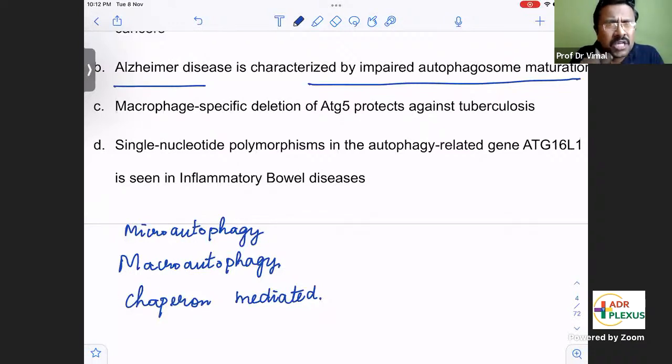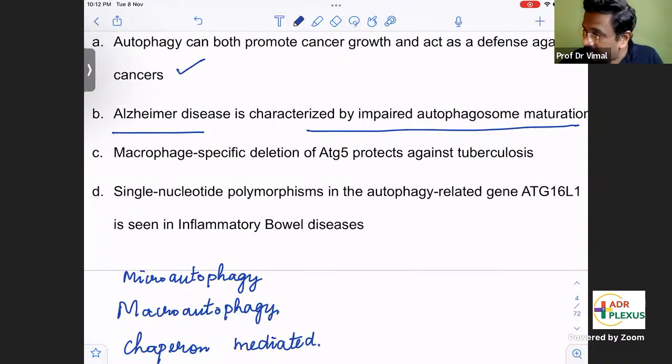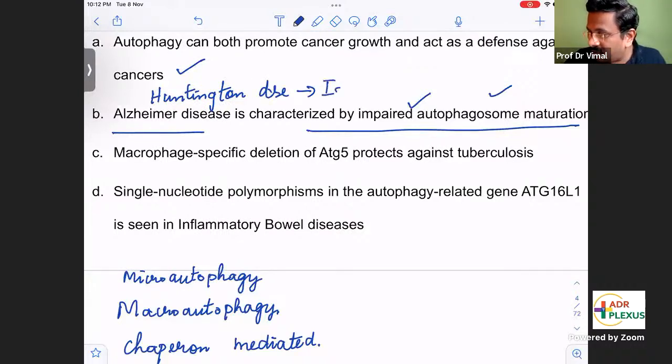Chaperones are proteins essential for normal protein folding in our cells, and in chaperone-mediated autophagy, the chaperone mediates the autophagy. In neurodegenerative diseases like Alzheimer's, there will be impaired autophagosome maturation. Also, please remember, even in Huntington disease there is impaired autophagy.